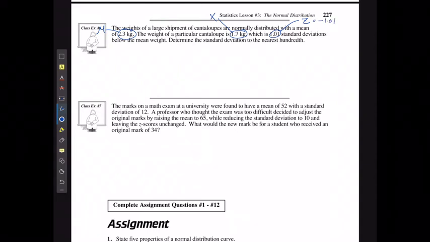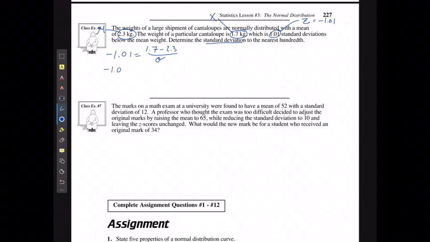What is the standard deviation? Same as last time. In this case, we're just going to drop in what we know. The z-score negative 1.01 is equal to 1.7 minus 2.3 divided by sigma, and sigma is what we're solving in this case.